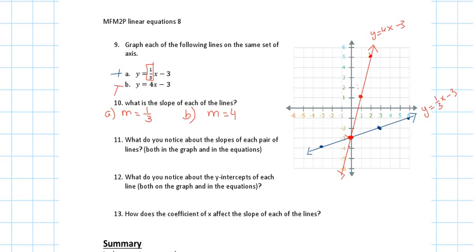What do you notice about the slopes of each pair of lines? Are they the same? Are they different? They're different. They're not the same, right? What do you notice about the y-intercept of each line? They're the same.